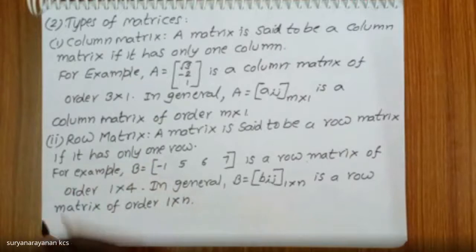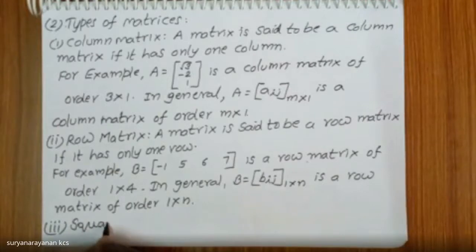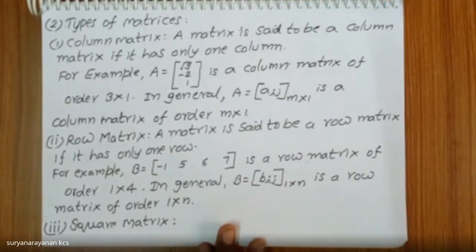Next type of matrix is square matrix. In geometry, you have studied a square. What is meant by a square? What are the properties of a square? All sides equal.